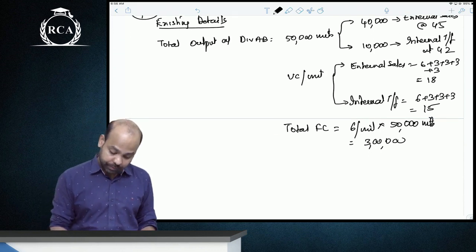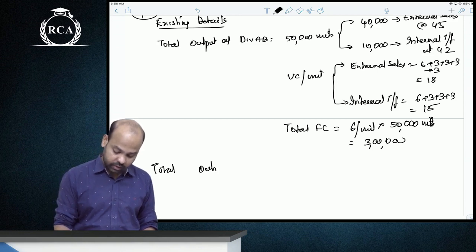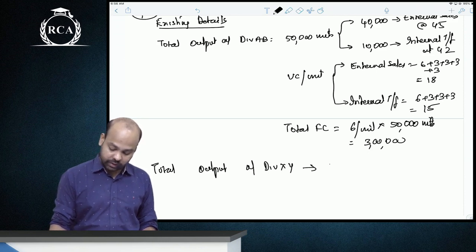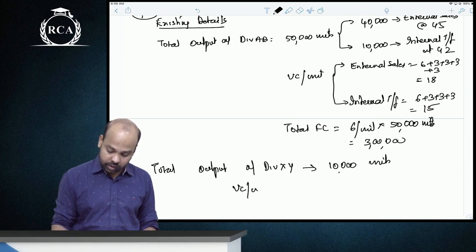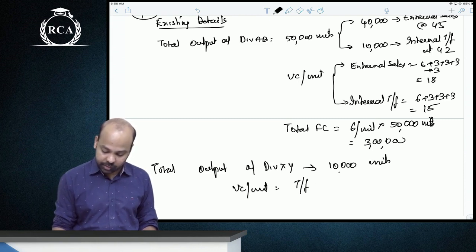Likewise, as far as the total output of Division XY is concerned, I'm just writing the given details. It is 10,000 units at present. Its variable cost per unit would be the transfer price plus other variable cost.